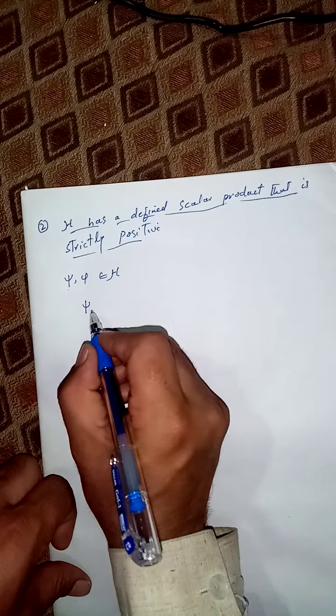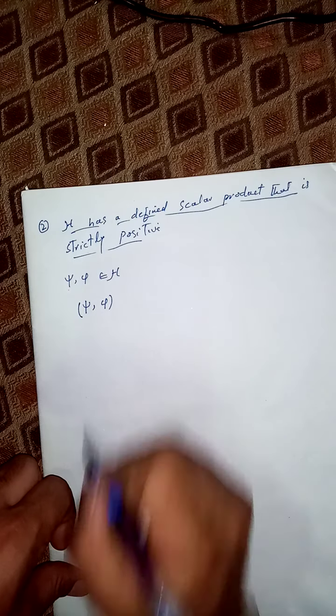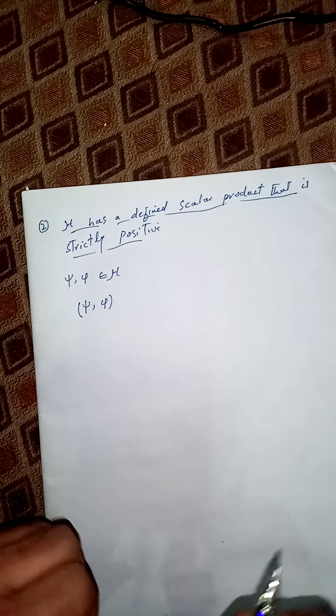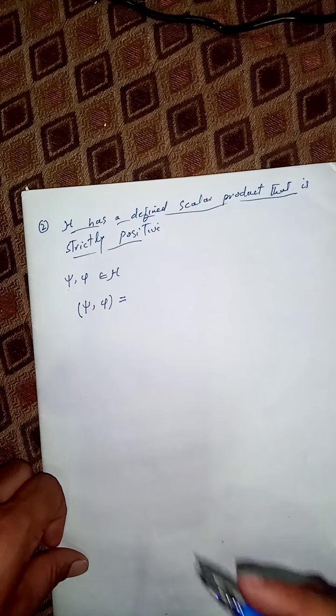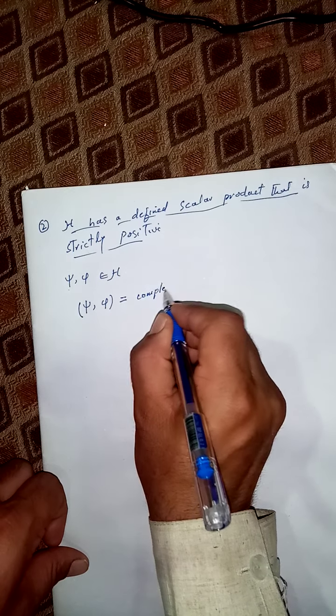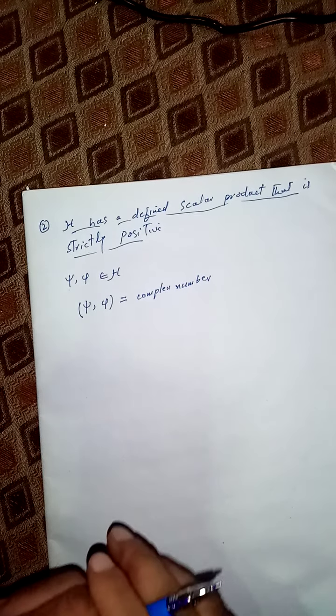We represent the scalar product by this notation, psi over phi. This is the scalar product of two functions of the Hilbert space. If we get the scalar product, it will give us a complex number. We will discuss it in a detailed way below.